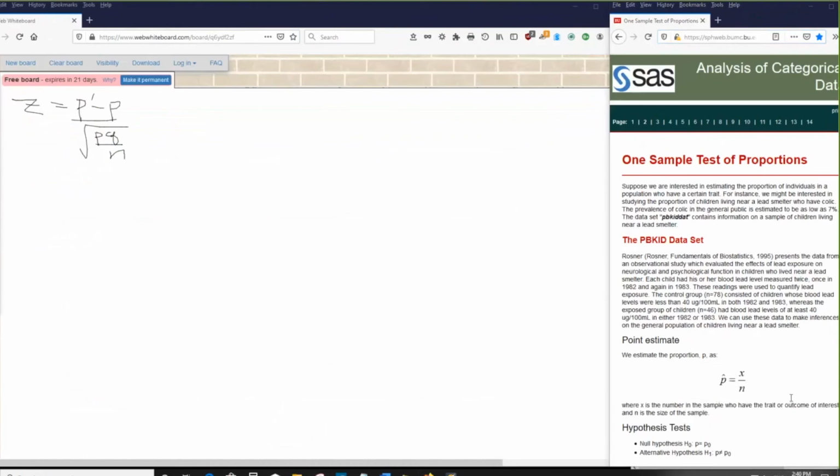It's kind of a long website, but if you search for one sample test of proportions or hypothesis testing for proportions, you're going to get some good resources. But I wanted you to be able to see these. So here we go, we have an example.